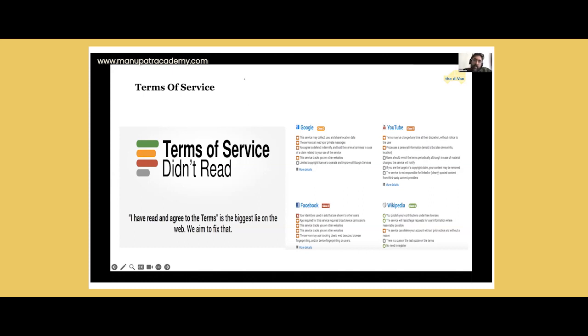So one of the things that this particular example, and it's from a website called Terms of Service; Didn't Read, examines is what are the kinds of things that we sign up to when we use Google or YouTube or Facebook or Wikipedia, and the ways in which they collect data. And why this is important is when one actually thinks about the nature and the design of a contract, who is it that the contract is really protecting?